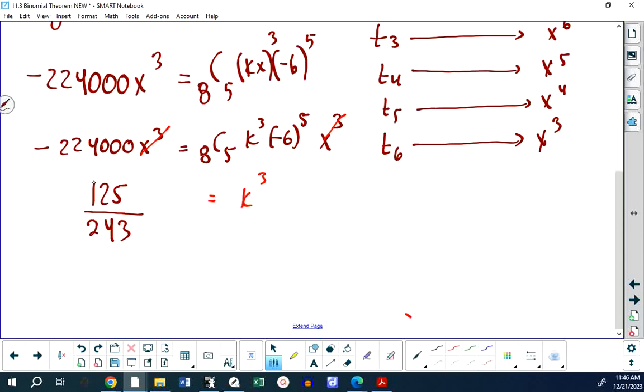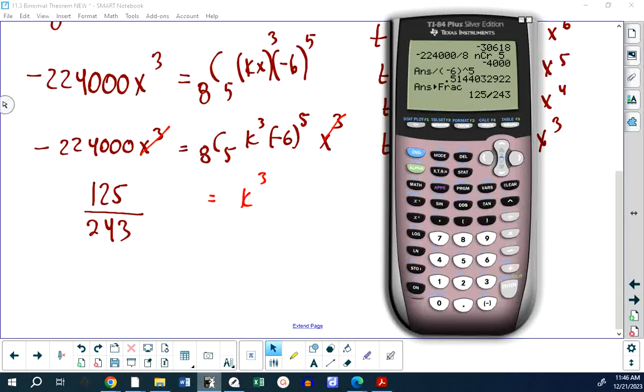Because 125 over 243 is not a perfect cube, by the way, this would probably be a numerical response question. So what is the value of k to, say, 2 decimal places? Well, we just need to take the cube root of that, which I'm going to raise to the 1/3 to do. It's approximately 0.80.